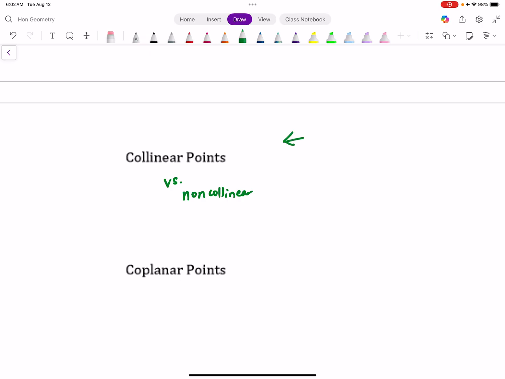So let's say you've got A, B, C, D. Points A, B, C, and D, those are collinear. You throw in point G up here, it is non-collinear with the rest of them. Now, you've got to be careful. If somebody said, are A and G collinear? Of course they are. There's a line that goes through them both.